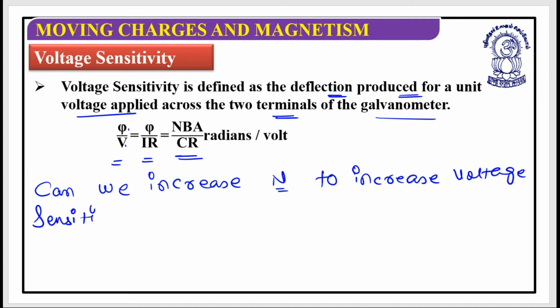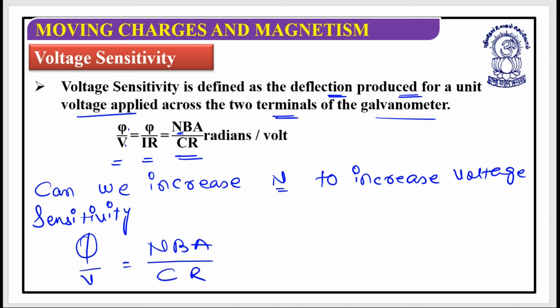Can we increase n such that voltage sensitivity can increase? Look at the formula very carefully. Phi by V equals NBA divided by C into R. Look at this very carefully and let me know.